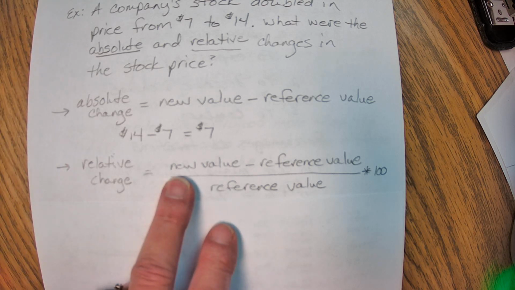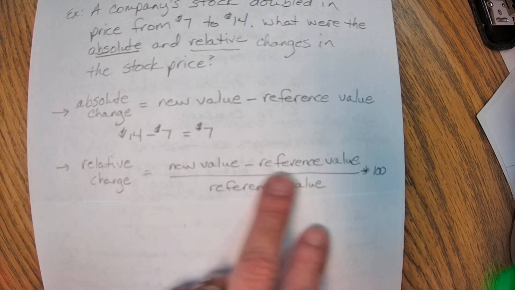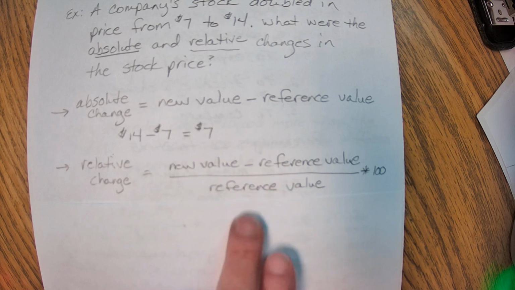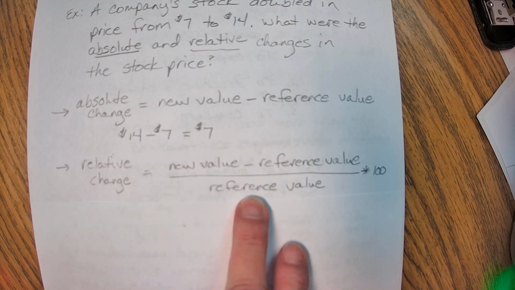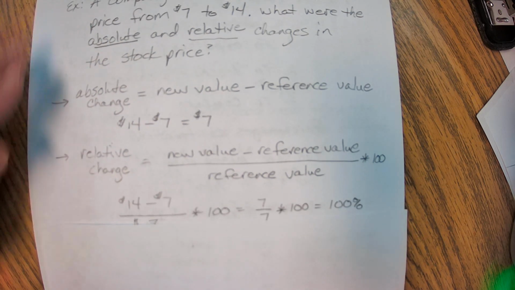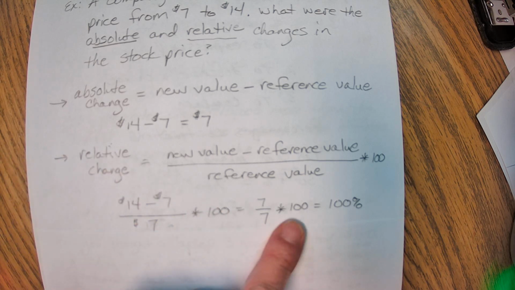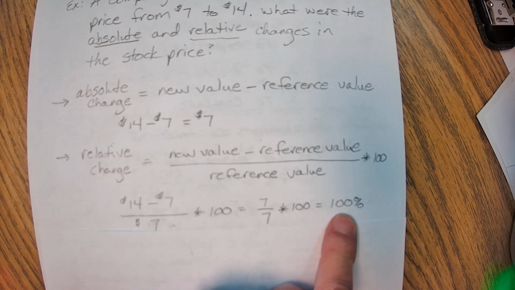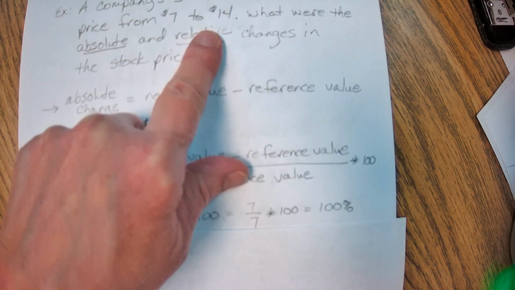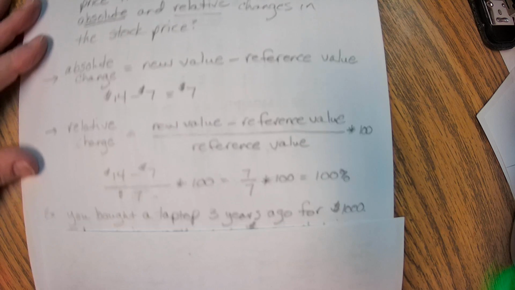So you're going to take the new minus the reference value, which is the absolute change, divide it by the reference value, what you started with, and multiply that by 100. So we get 7 over 7 times 100, and it rose 100%. Anytime something doubles, like this one did, we say that it rose 100%, and that's the relative change.